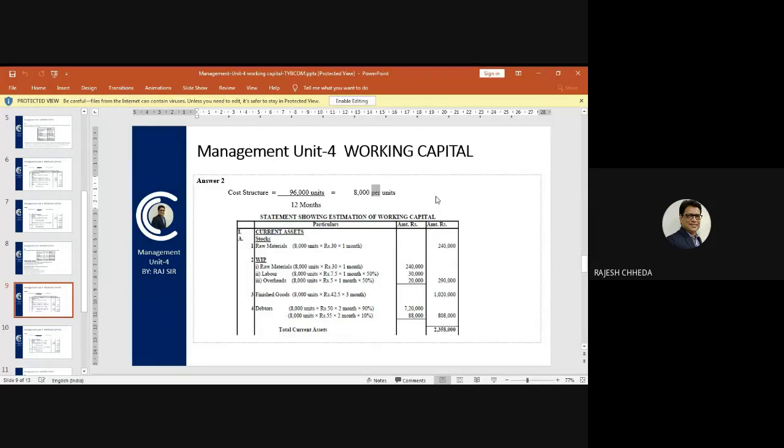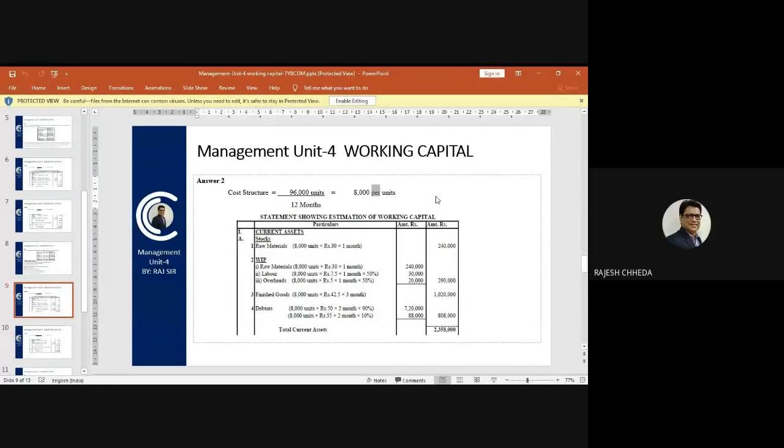My estimation for amount to be blocked in finished goods is 8,000 into 42.5 into 3, which is equal to 10,20,000. Check on the calculator, do you get 10,20,000? Yes, sir.